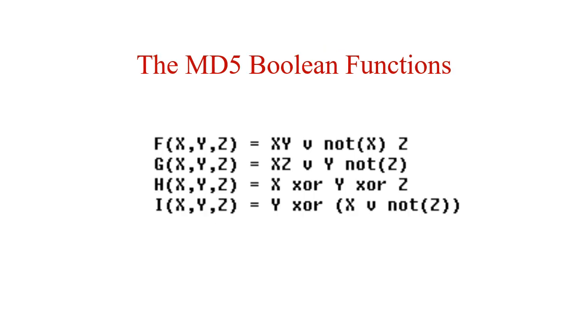The functions used in the compression function of MD5, which is the heart of this algorithm, are F, G, H and I in the four rounds. As we have seen, 16 steps are there in one round, total 64 steps. So in every round a different function is used. In the first round, when function F is used, it uses three words, and this Boolean operation is performed on these three words: that is xy or not x and z. Such kinds of Boolean functions are used.